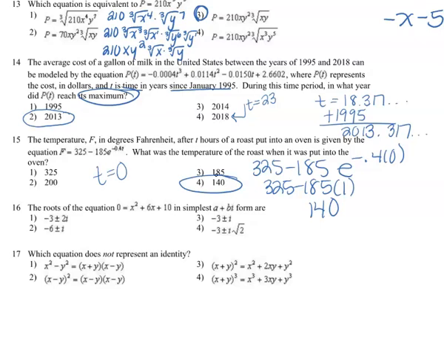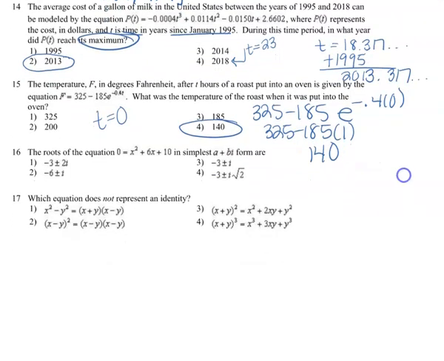Okay, next, what are the roots of the equation in a plus bi form? You guys can do quadratic formula, but it's actually faster just to do completing the square here. So I would have x squared plus 6x plus blank equals negative 10 plus blank. If you want to draw a cutesy little box, that's fine too. Half of 6 is 3, squared is 9. So that's my magic number there.